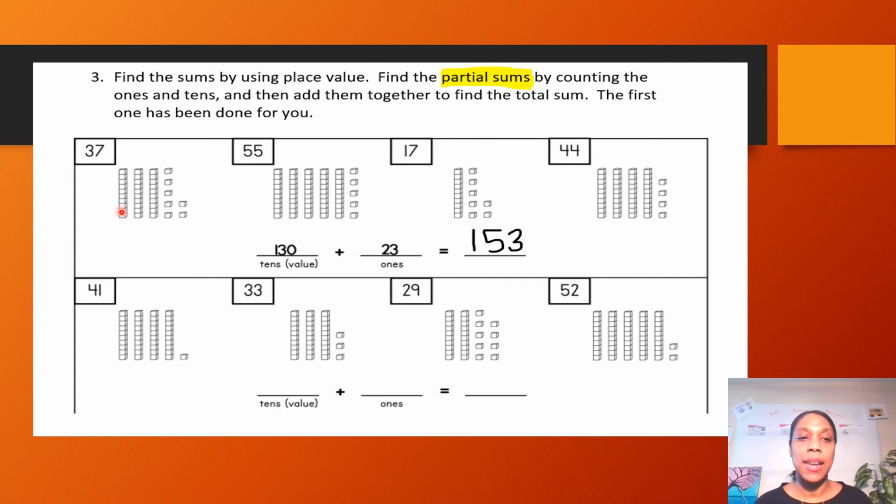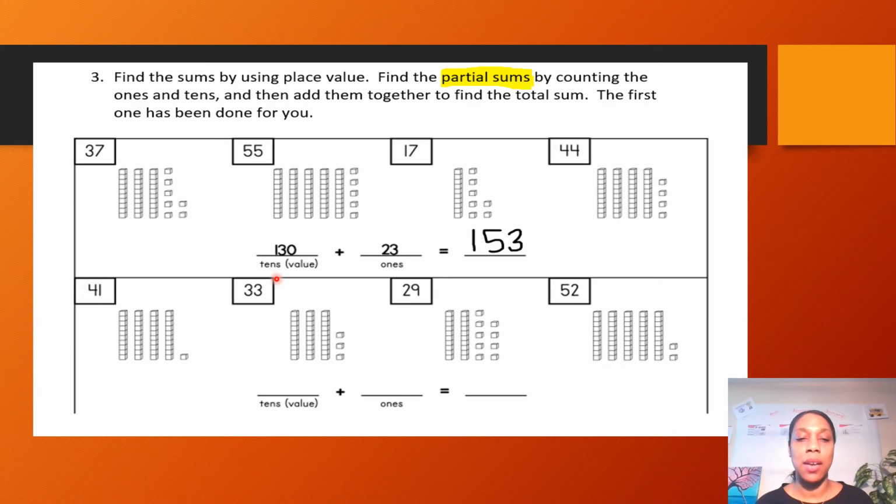So if I count all of the tens blocks, let's do that together, please. 10, 20, 30, 40, 50, 60, 70, 80, 90, 100, 110, 120, 130. I have 13 tens, which equals 130.